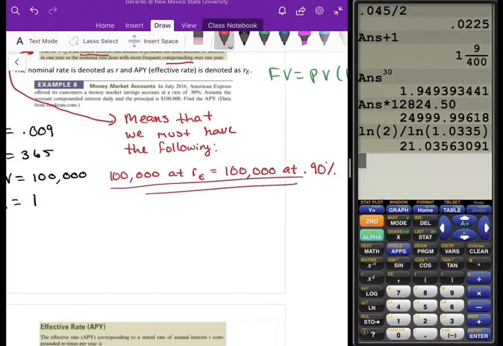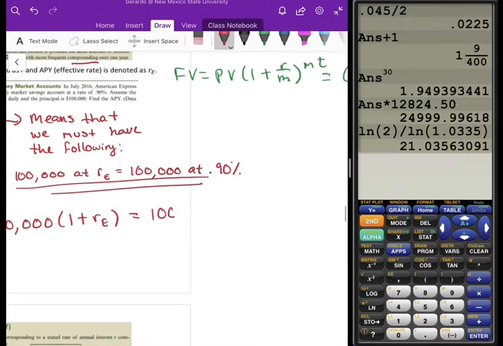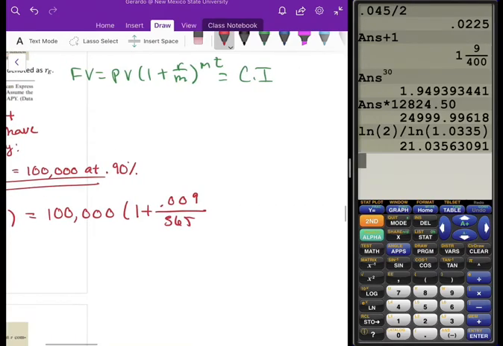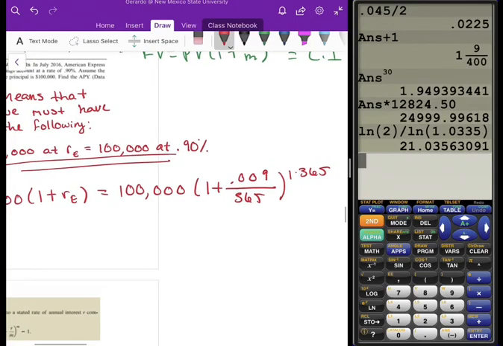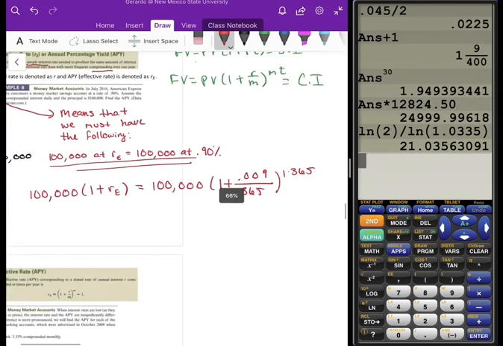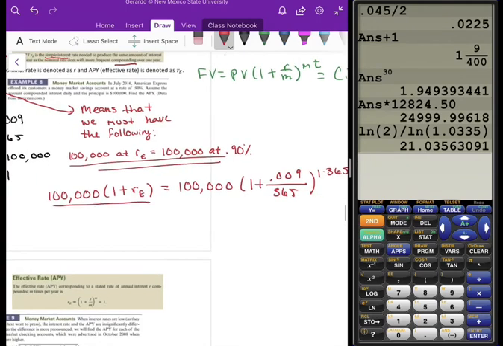So we have 100,000 times 1 plus RE is equal to 100,000 times 1 plus 0.009 over 365 to the 365. And we're supposed to solve for RE.